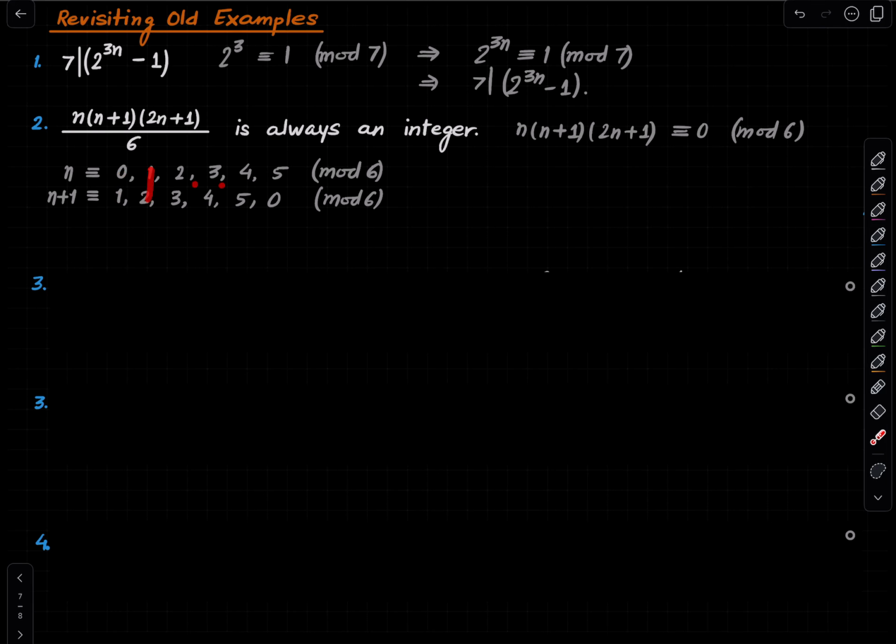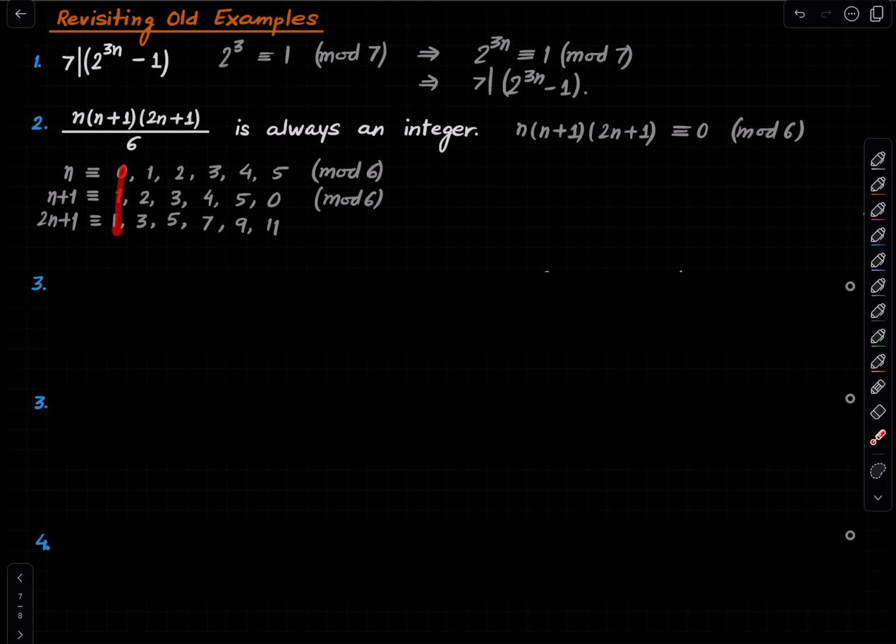And so on and so on. If n is congruent to 5, n plus 1 will be congruent to 6, but 6 is congruent to 0. So n plus 1 is that. And now 2n plus 1 will be congruent to 1 or 3 or 5 or 7. But let me write a 7, 9 and 11. So what am I doing?